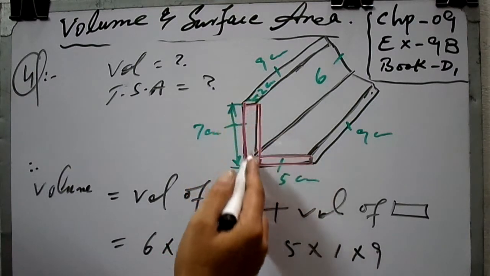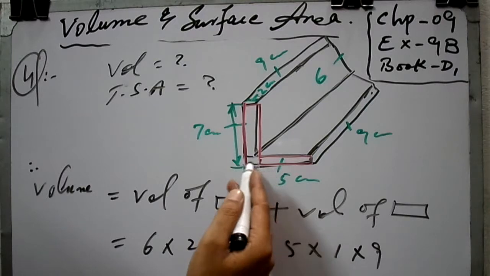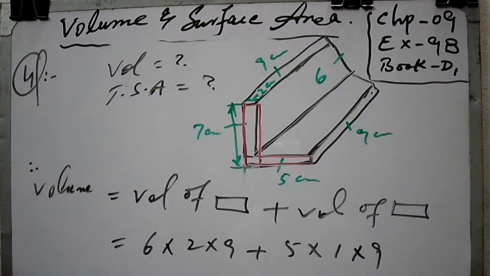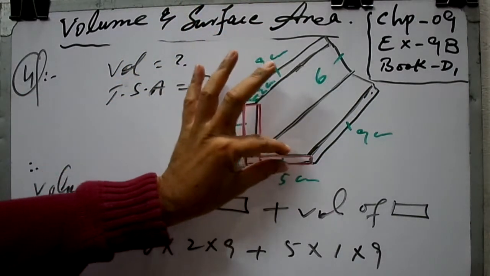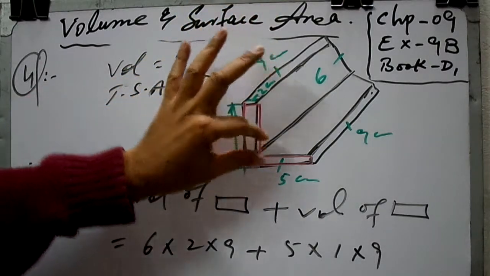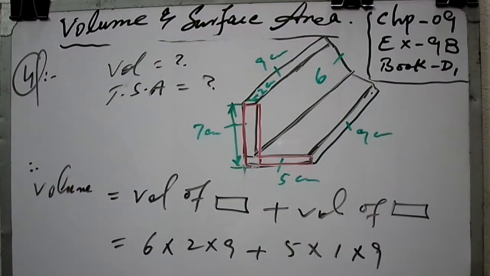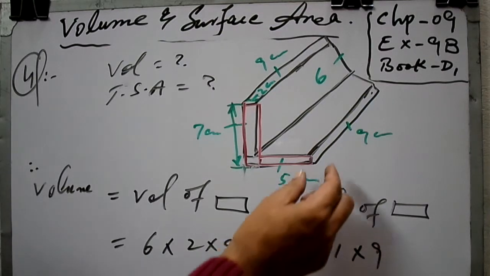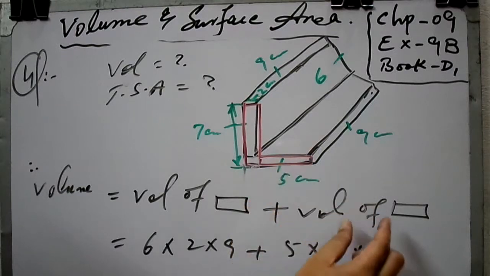So this 2 is used here from here, and the remaining portion is your 1 centimeter. Because one side is thick while the other is thin, the thick side we have taken and the thin side is your 1 centimeter. So that's why we can say that here is your 1 centimeter, the volume of rectangle of this portion.